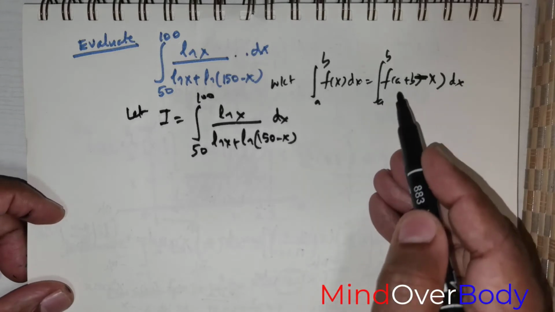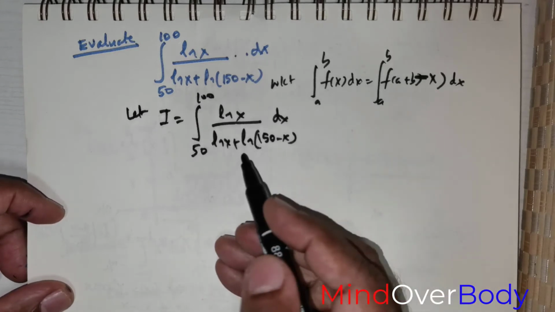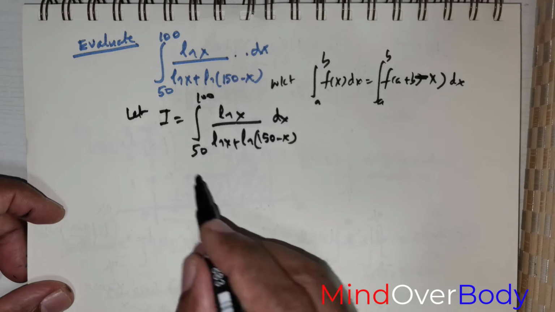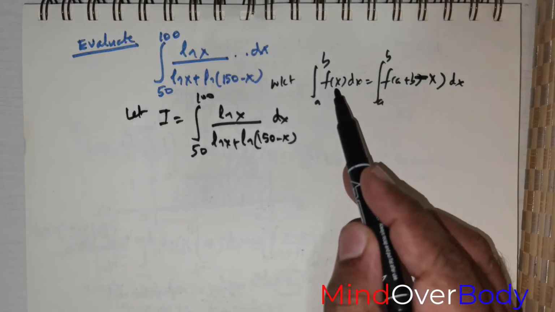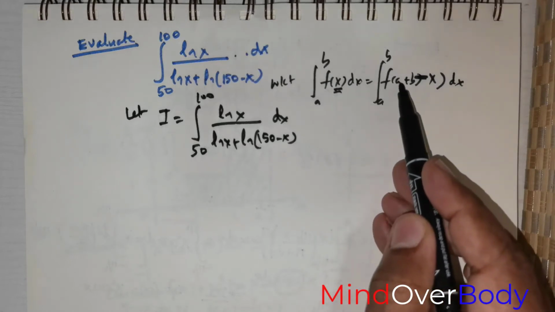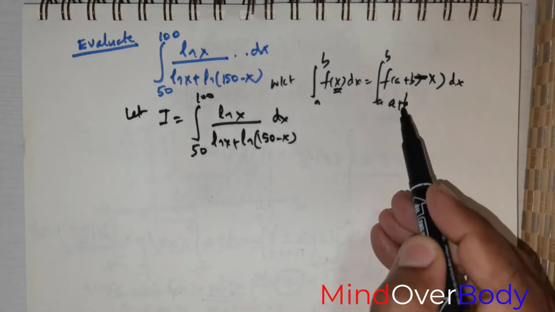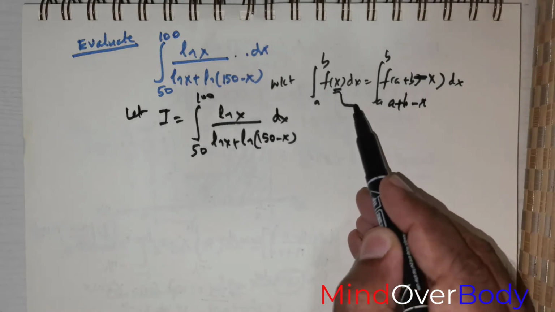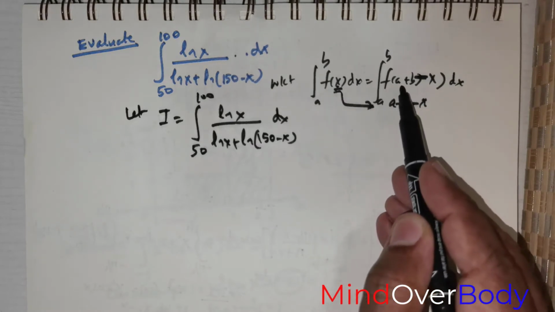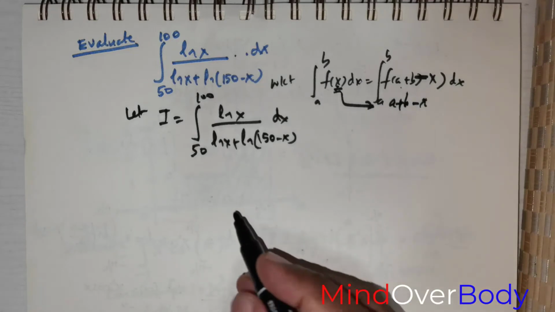So if I were to use this property, I can rewrite this in the following fashion. So clearly you can see that wherever we have x has been replaced by a positive b negative x, right? You can clearly see that in place of x I've got a positive b negative x. That is exactly what I'm going to do.